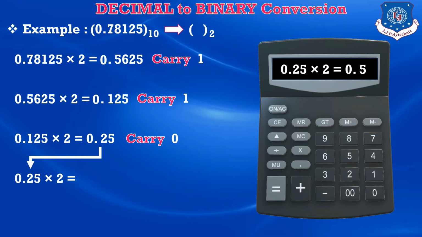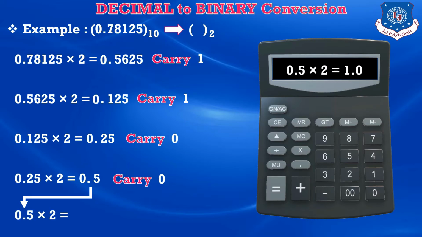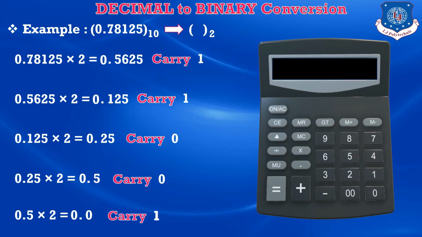Then we will get the answer 0.5. From this 0.5, 0 is considered as a carry, and now this 0.5 is multiplied with 2. Then we will get the answer 1.0. Amongst this 1.0, 1 is considered as a carry, then the remaining term will become 0.